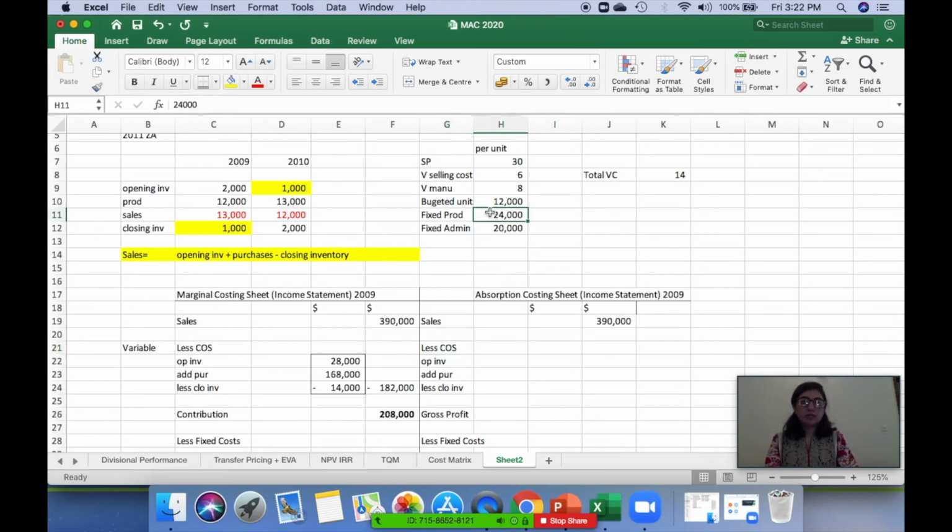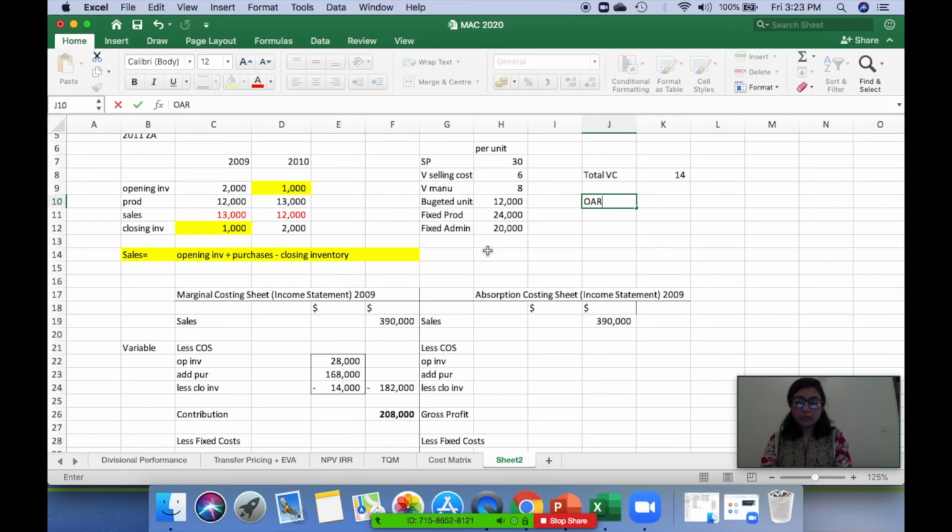We have 24,000. As you can see, fixed overheads are not given on a per unit basis as compared to variable cost here in the question. The reason being because fixed cost is constant. Fixed cost is not directly linked to any production units, right? So now what we're going to do is calculate the overhead absorption rate, and overhead absorption rate will help convert our overall fixed overheads into a per unit basis here.